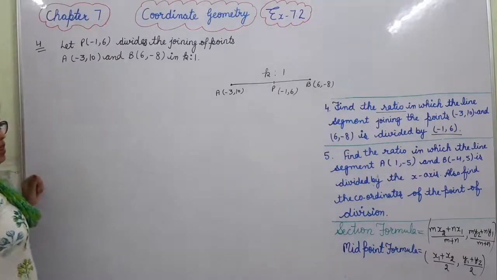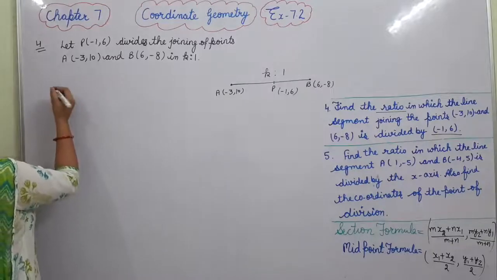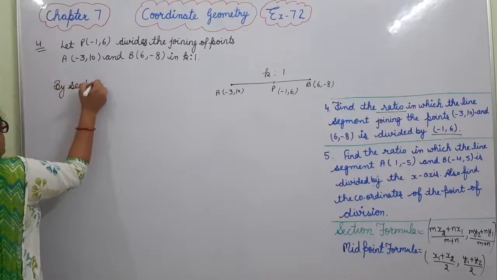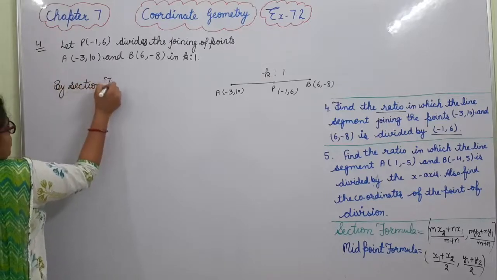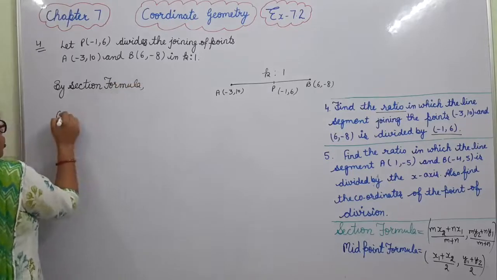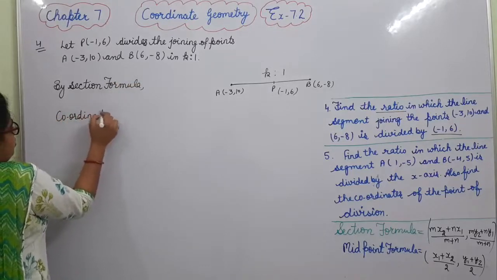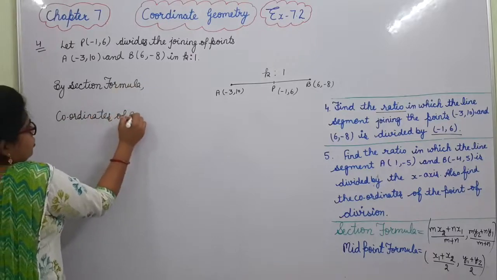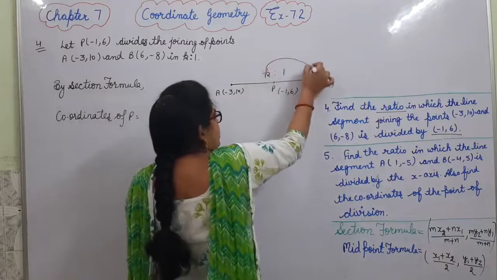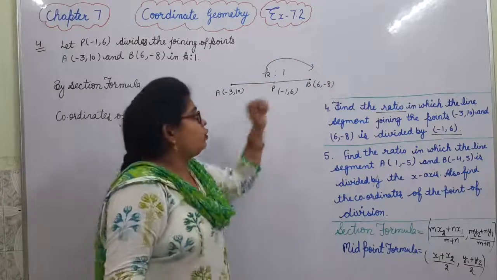Then we will use the section formula here. Now by the section formula, in all questions we are using section formula, coordinates of P will be equal to, the same method we will follow here. We have replaced m:n by k:1 only.